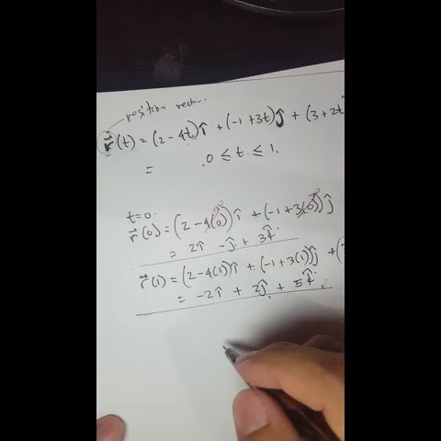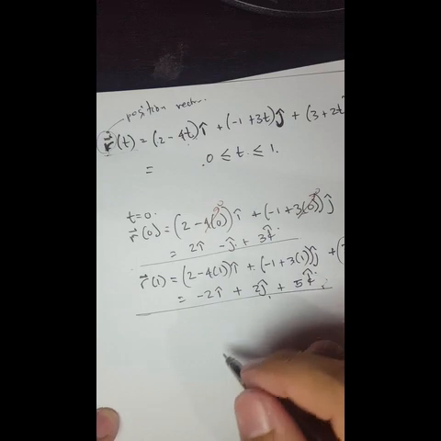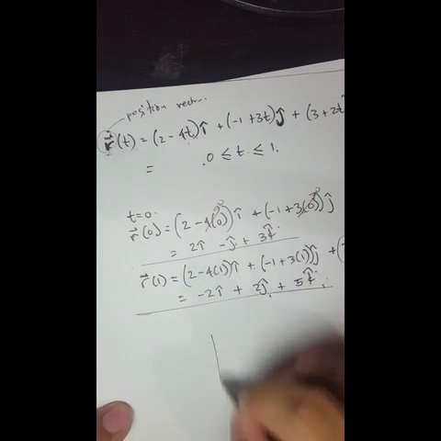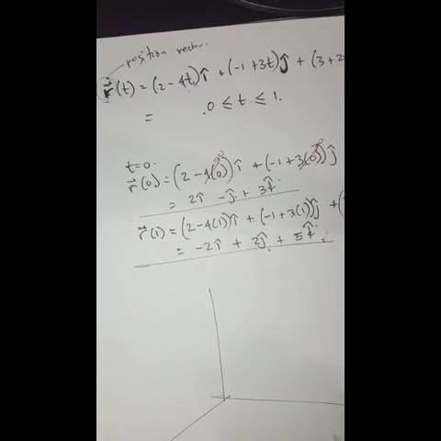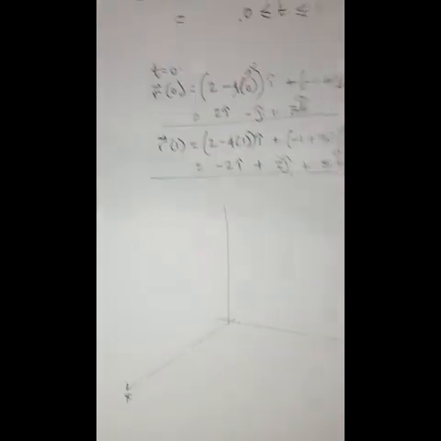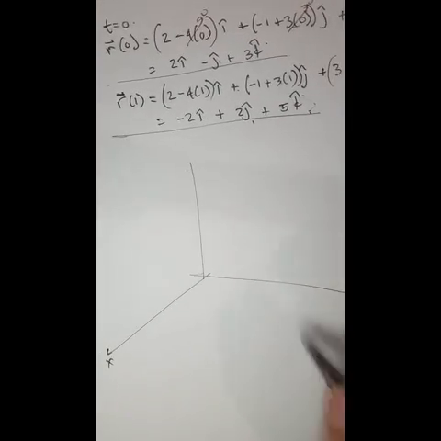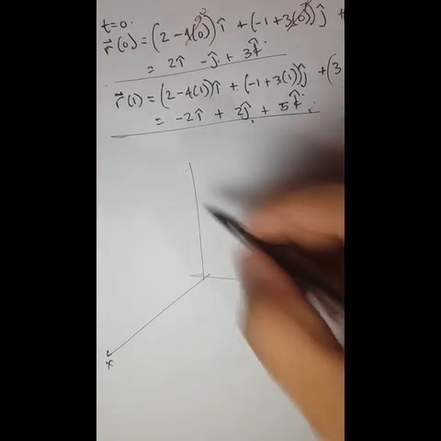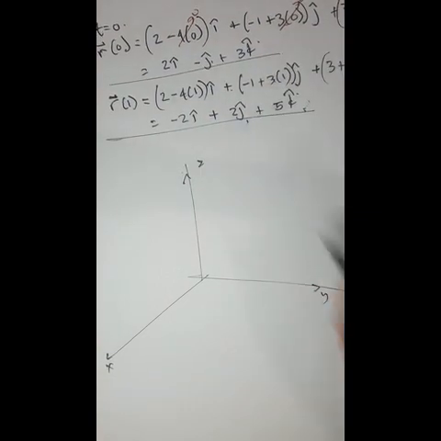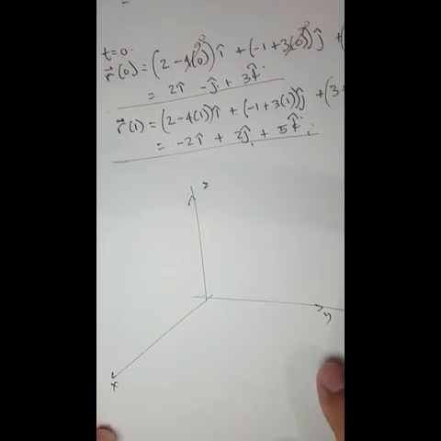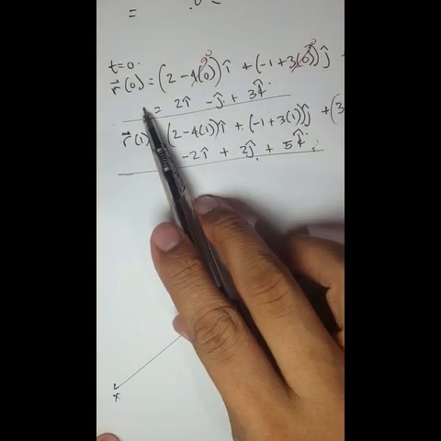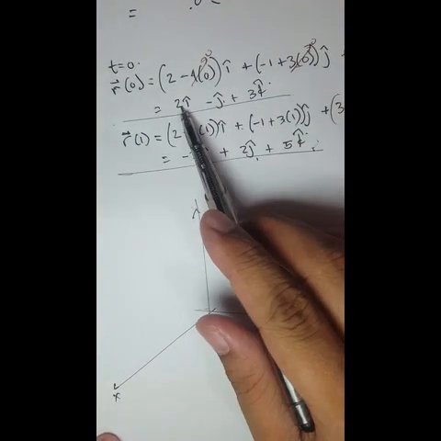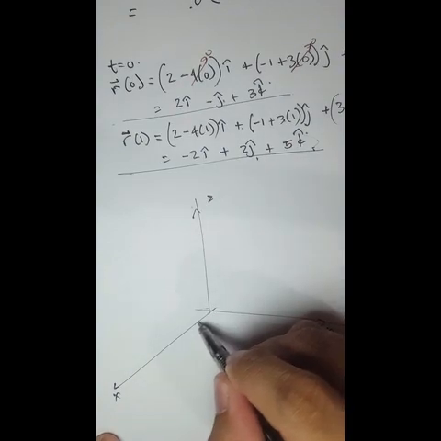So let's say, for example, we have this. Let's say this is x, this is y, and then this is z. For our first vector, r0, we have 2i along the x direction.